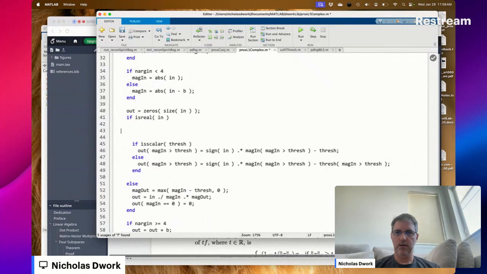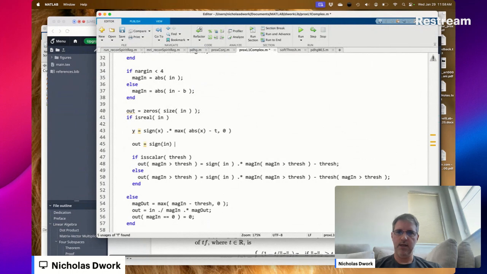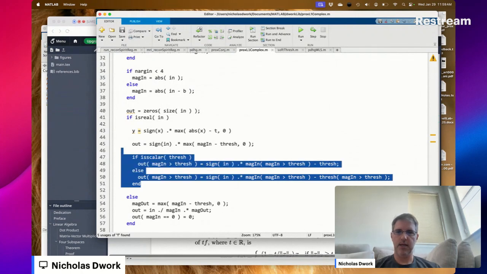If it's real, out is equal to sign in times max of mag in minus thresh, 0. This does not matter if thresh is a scalar.